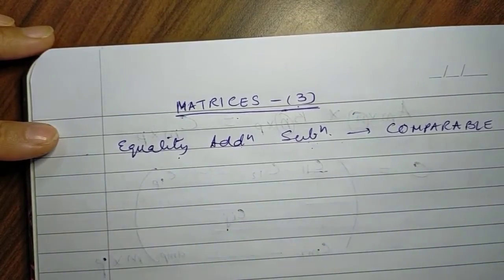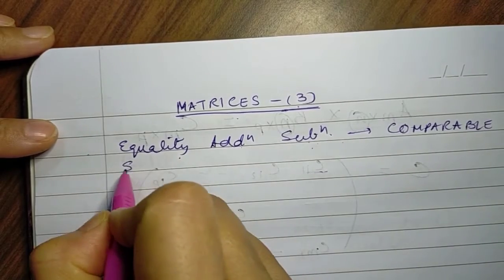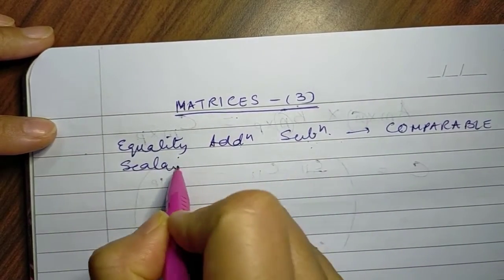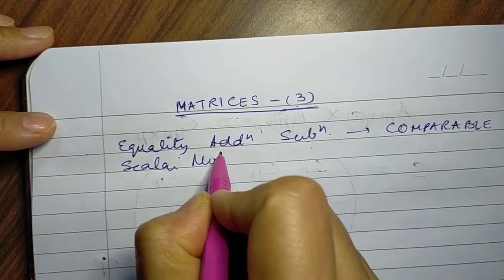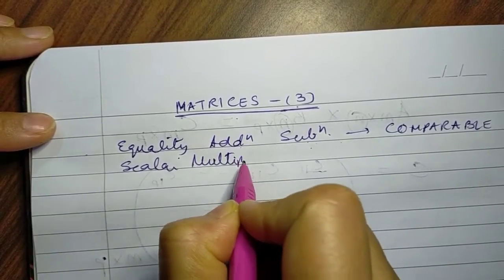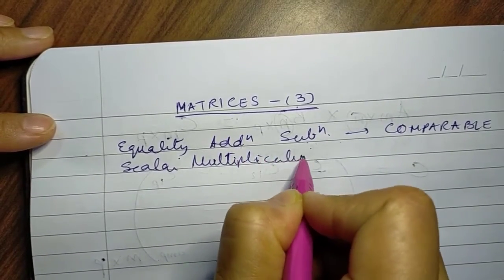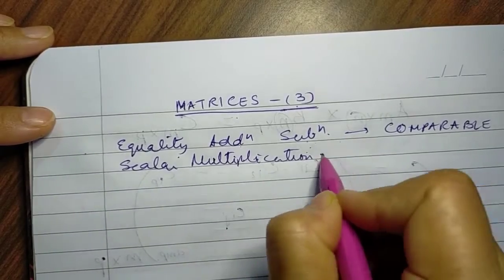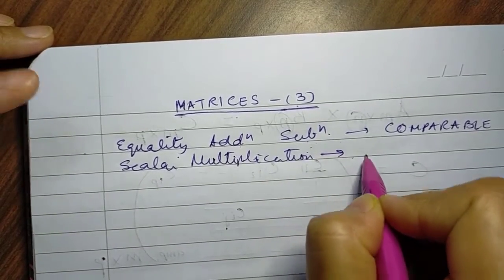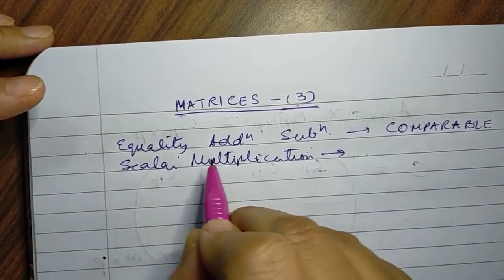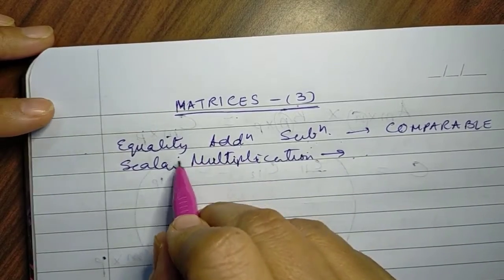Again, for scalar multiplication, multiplication of a matrix by a scalar, we get back another matrix of the same order having each element multiplied by that scalar.